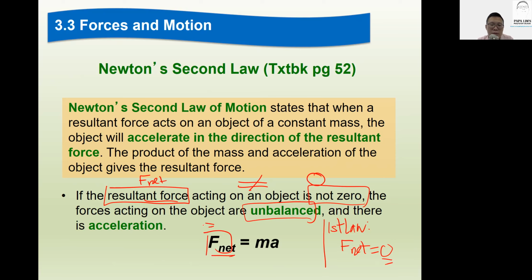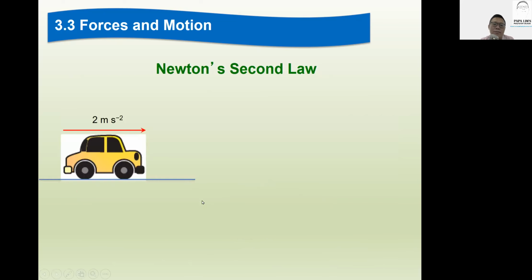It can be a number 10, 20, 30, 40, all these numbers, which means that the acceleration of the object must exist. So the object, upon being subjected to a non-balanced, non-zero resultant force, will actually accelerate. It will definitely accelerate.